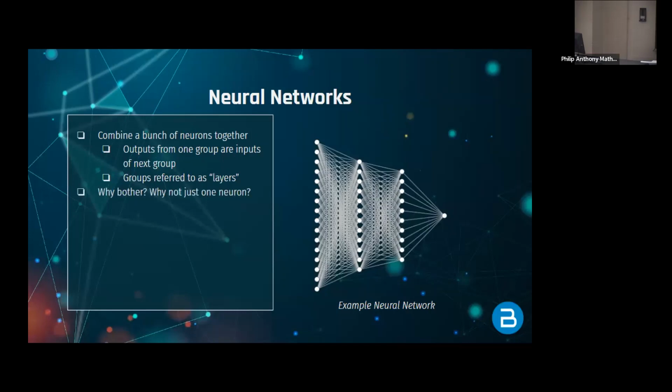Because what I've done, by introducing neural networks, is go from having one neuron that I said was easier, just a couple weights, a bias term, and the nonlinear function, and multiplied that by like 100. Now we have a significantly larger amount of parameters to work with. So why would I do that? Why would I bother having all of these different things when one neuron I said would be useful for modeling the relationship? Anyone think of what?